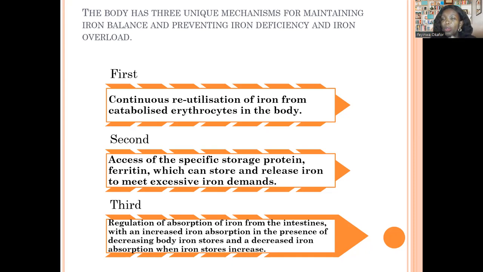But to absorb more from the proximal duodenum, and also to release iron from stored iron like ferritin and hemosiderin, depends on a protein called hepcidin.